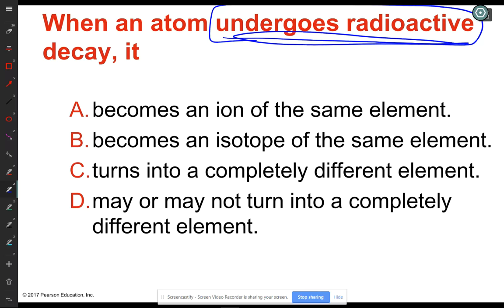The carbon-14 that I talked about, you start with nitrogen, I think plus a neutron. This is the way we write it. That star means it's unstable.